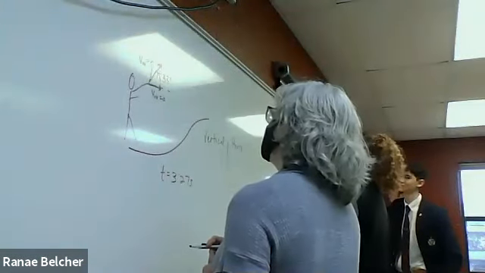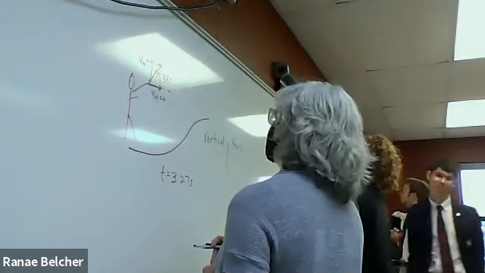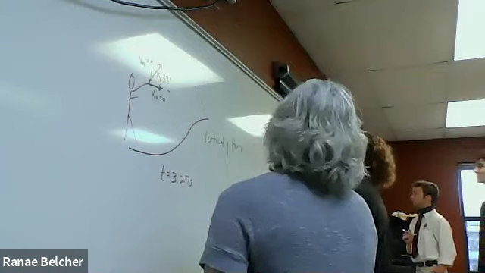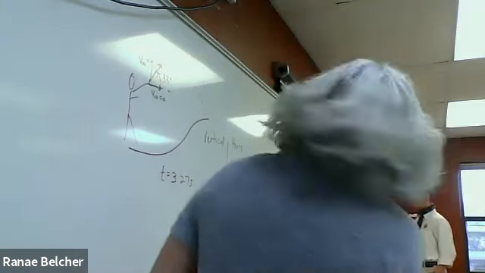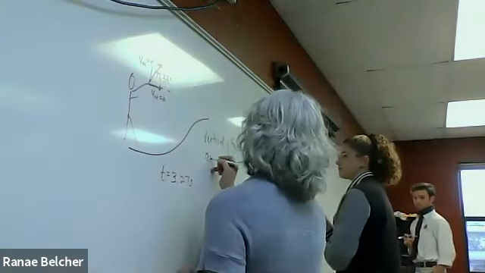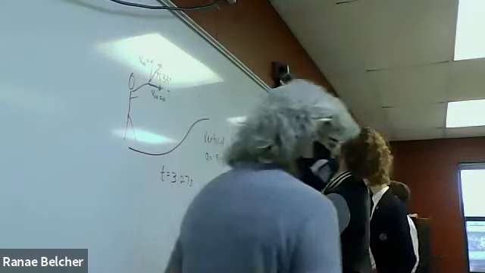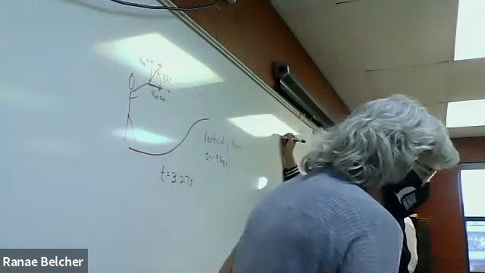So what do we know? All we have is our time, right? We do know vertically we got A equals negative 9.8 meters per second squared.